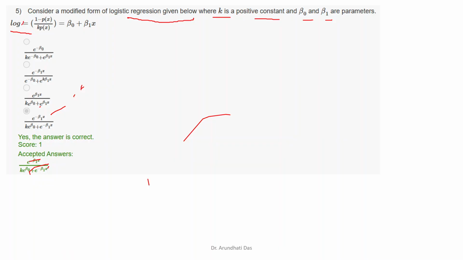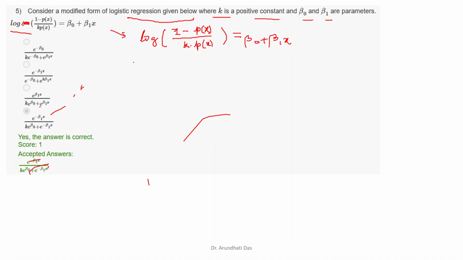This equal symbol should not be there. So it is basically log of 1 minus p of x, where p of x generally signifies the probability of x, divided by k multiplied by p of x, which is equal to beta naught plus beta 1 x.